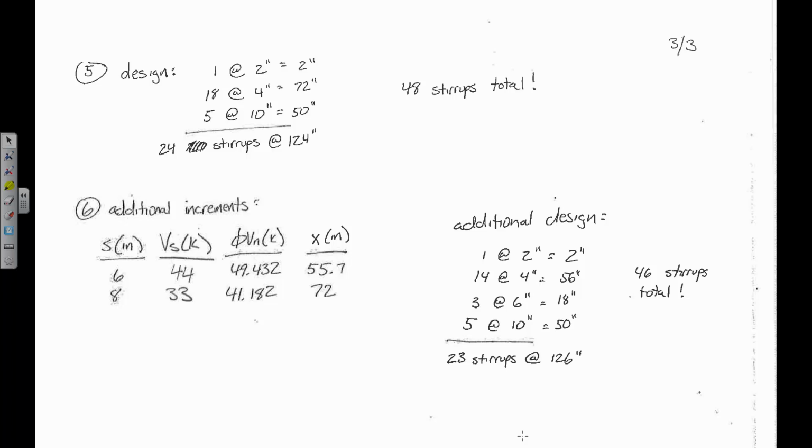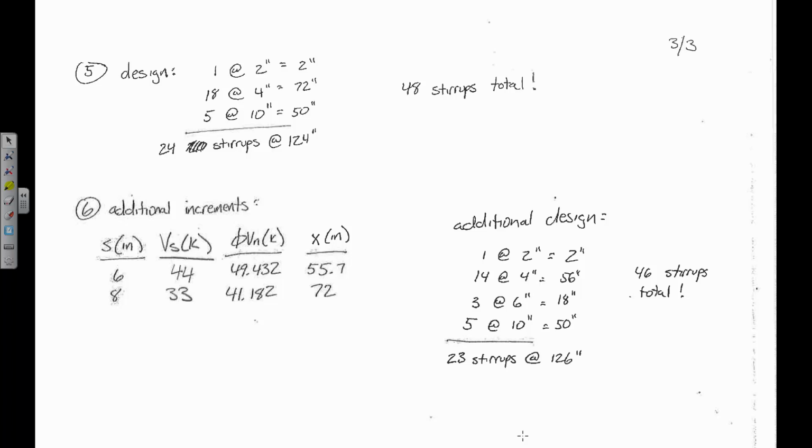If you use 8-inch spacing, the Vs is 33 kips, the phi Vn is 41.182, and that's in between this range as well, right? So we would place the first stirrup at x equals 2 inches, use 4-inch spacing until x equals 72, then 8-inch spacing until x equals 72.